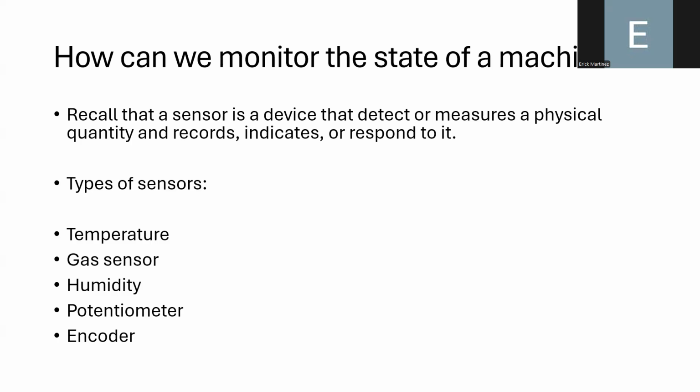And here I listed some sensors. For example, the temperature sensor is widely used for electric motors, but also in industry. Temperature is a common variable that we want to measure. We also have gas sensors, humidity sensors, and a potentiometer, which is basically a variable resistance.